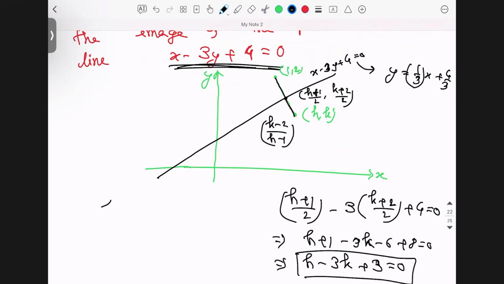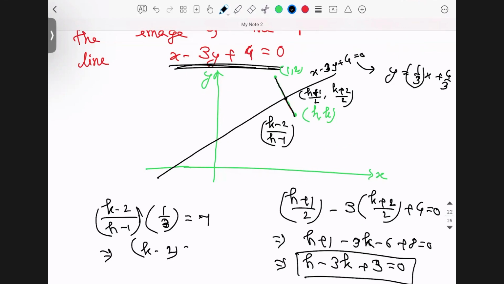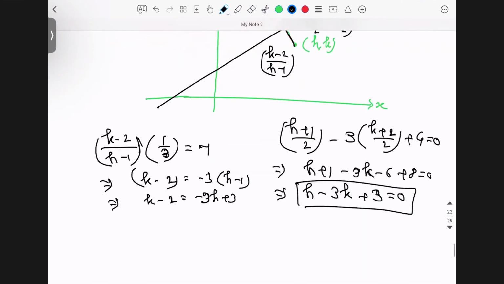So k minus 2 divided by h minus 1 into 1 by 3 should be equal to minus 1. If I calculate this, we get k minus 2 equals minus 3 into h minus 1. So k minus 2 equals minus 3h plus 3. This will give us 3h plus k equals 5.